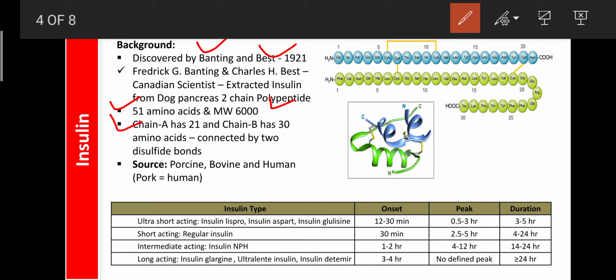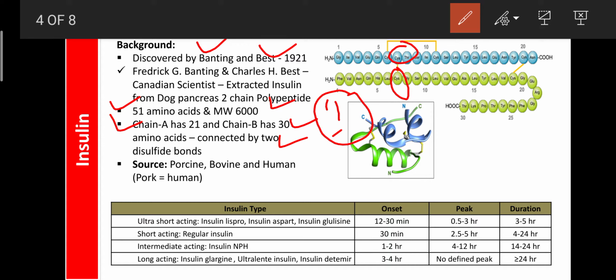The first bond is present at the position of the 7th amino acid in chain A, that is cysteine, and the 7th amino acid in chain B, which is again cysteine. That is the first disulfide bond. The second disulfide bond is formed between the 20th amino acid of chain A, that is cysteine, and the 19th amino acid of chain B, which is again cysteine.